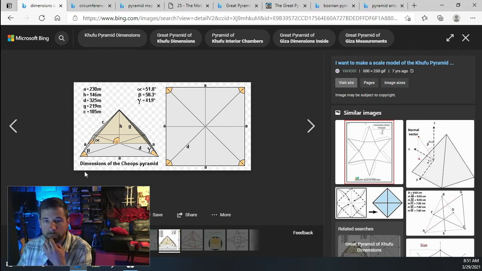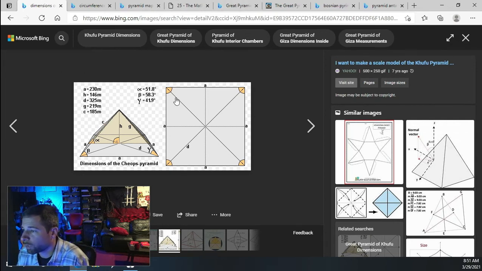And so everybody knows that the Earth is more round at the equator than it is tall from the North Pole to the South Pole. And that number is represented accurately in this dimension where the pyramid is essentially more of a diamond shape than it is a perfect square.